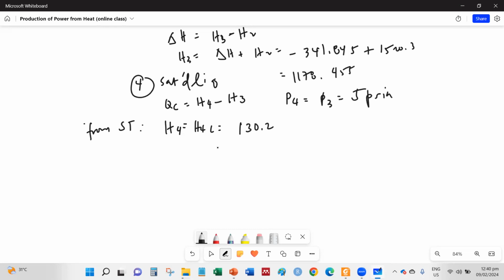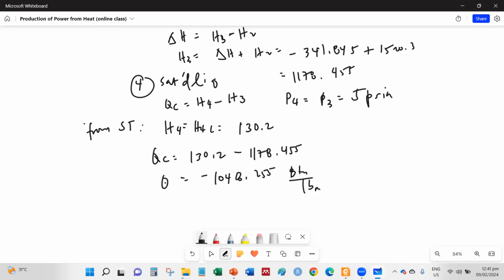So now that we have both H4 and H3, QC is now 130.2 minus H3, 1178.455, and this is negative 1048.255 BTU per pound mass. QC. Okay.